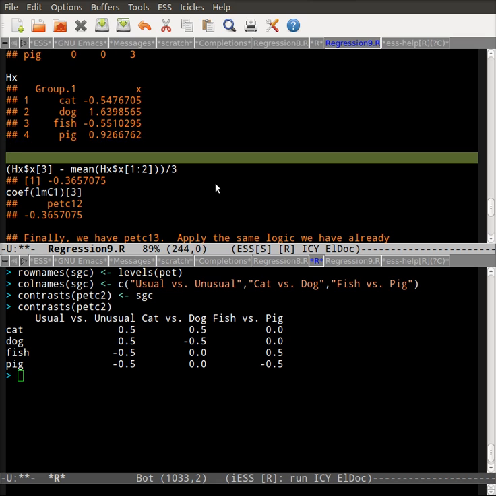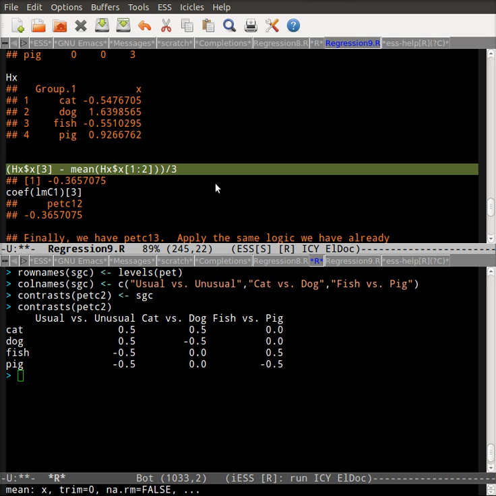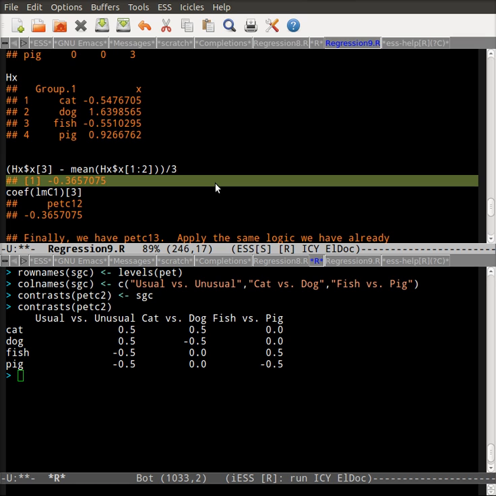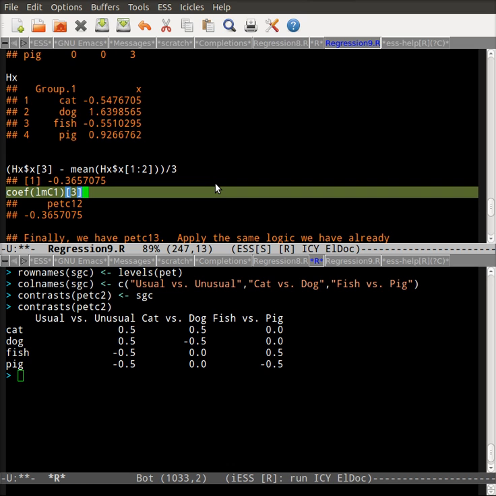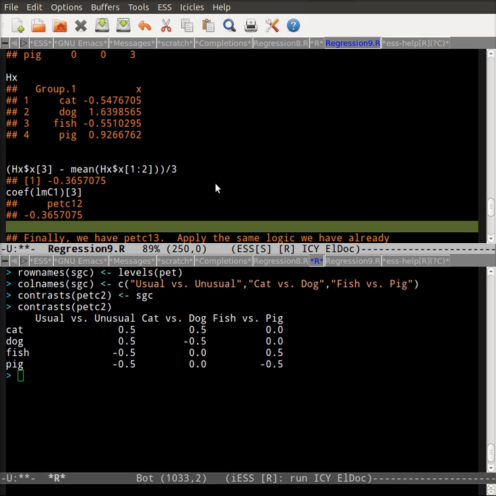And now I'm going to divide it by 3. Why am I dividing it by 3? Because, again, the way I've set up the contrasts, I need to offset all of these effects so that they're centered on 0. You need to think of it as a seesaw or a teeter-totter. And when I do that, I recreate my coefficient.